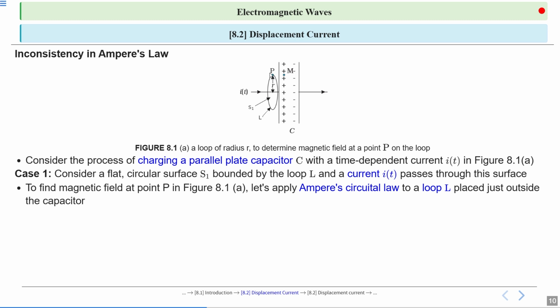We have seen the expression and derivation of Ampere's circuital law in that chapter. So B dot dl, at this small element, is equal to mu naught I, the current enclosed by that loop. What is the current enclosed by that loop? I(t). So let's apply Ampere's circuital law to loop L placed just outside the capacitor.